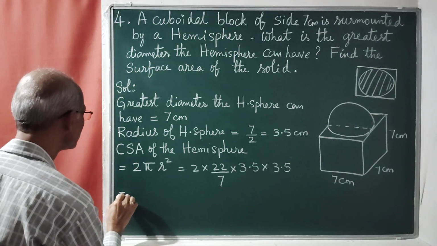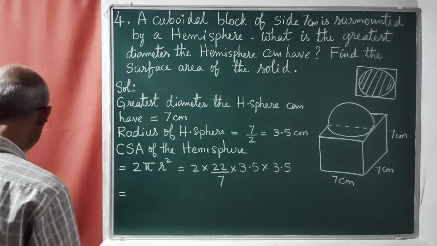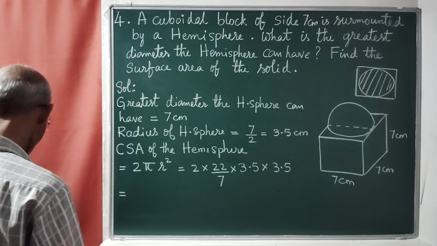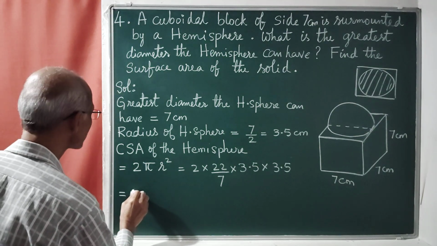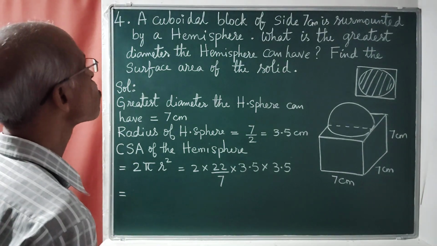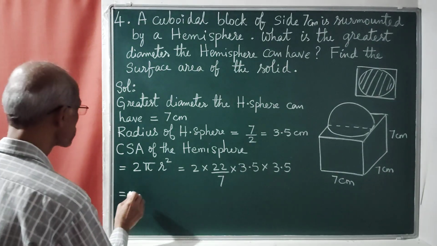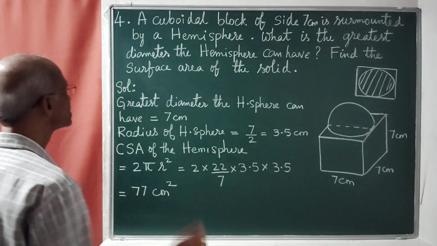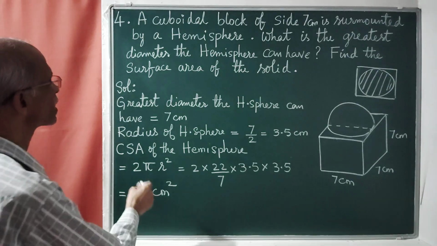That's equal to 77 centimeter square. The CSA of the hemisphere is 77 centimeter square.